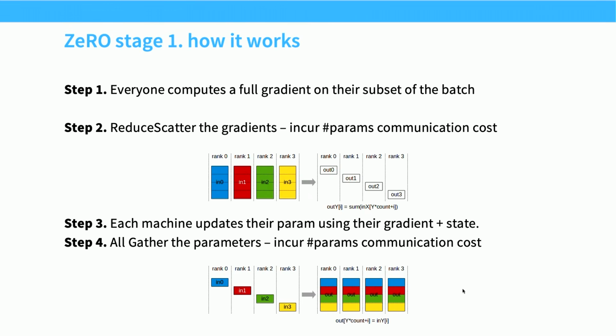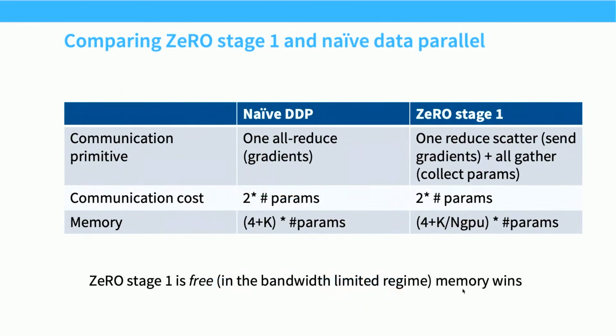How many operations did I do? Well, in the naive data parallel case, I had to do one all reduce. I had to exchange all the gradients with everybody and then do the updates. So the communication cost is 2 times the parameters. Now in ZeRO stage 1, I did 2 operations. One was a reduce scatter to send the gradients out, and then an all gather to collect the updated parameters.